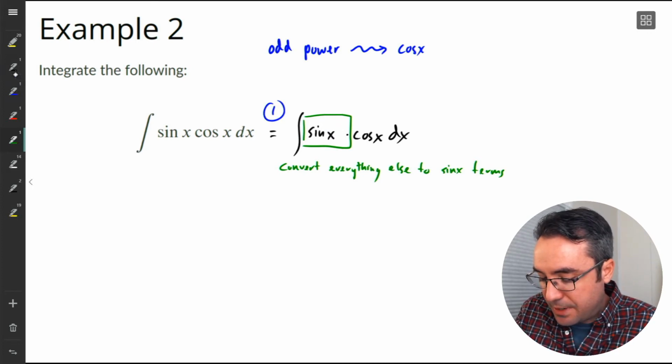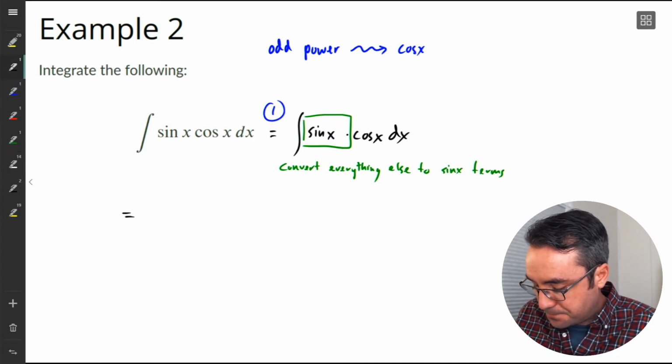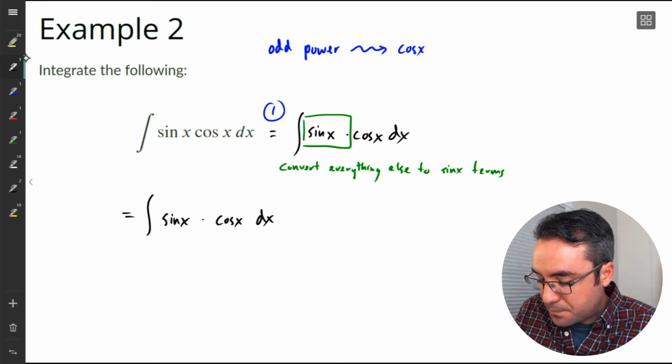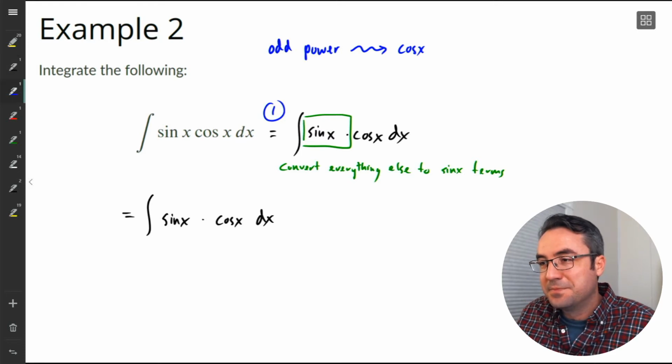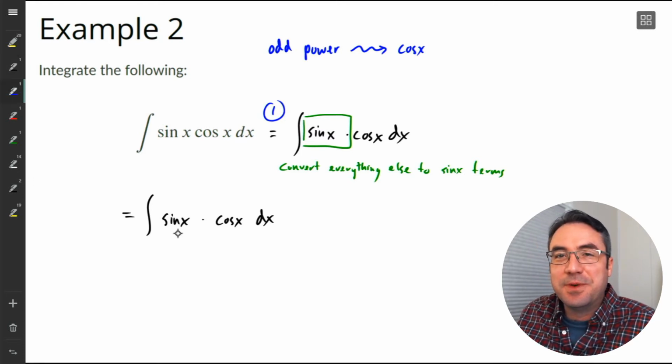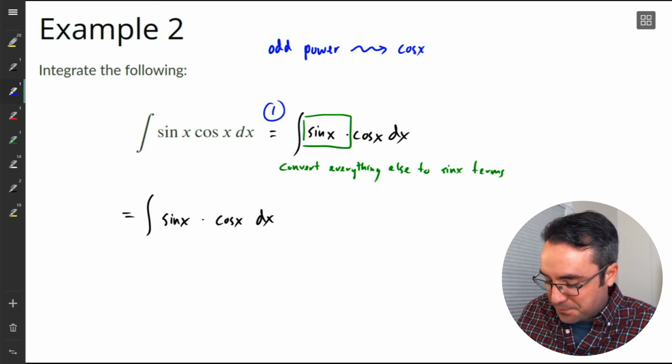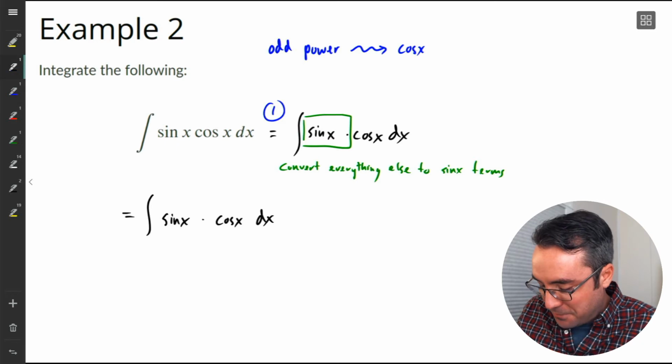So step two is already basically done for us. All right, it's not looking like we're doing much here. So we're going through our steps.